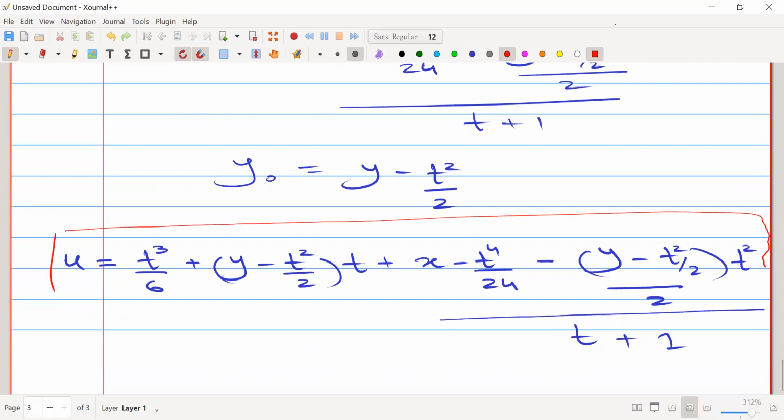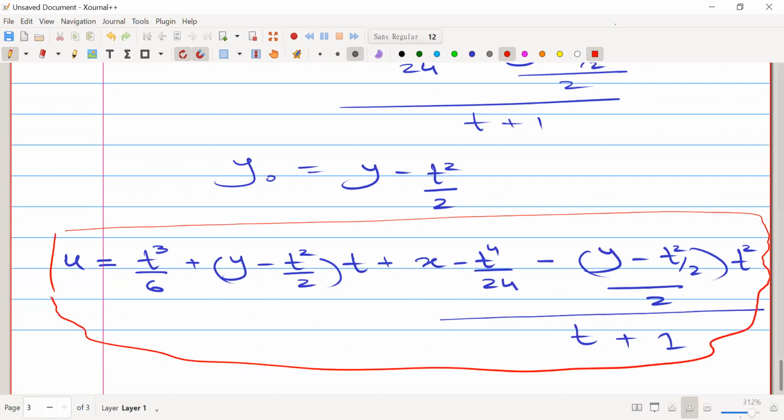So this is actually the required result, and we can verify the condition and the equation as well, and we can simplify this expression as much as we can.